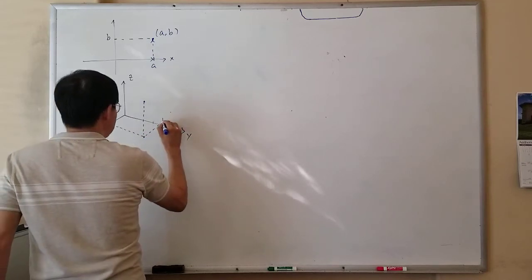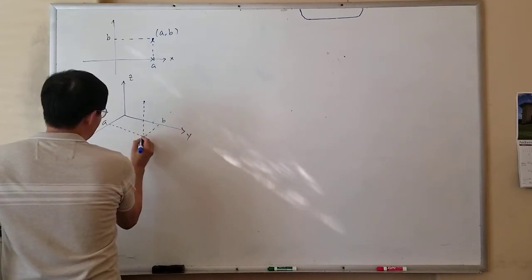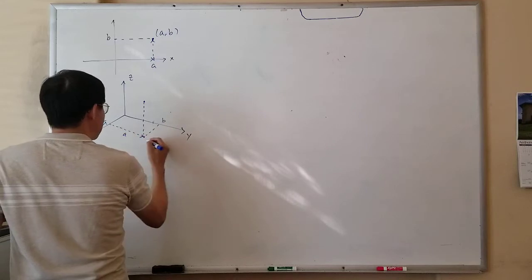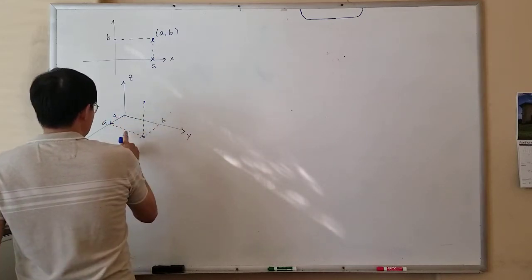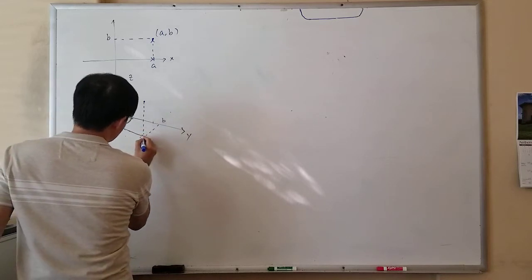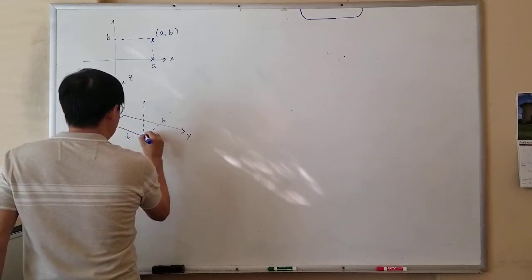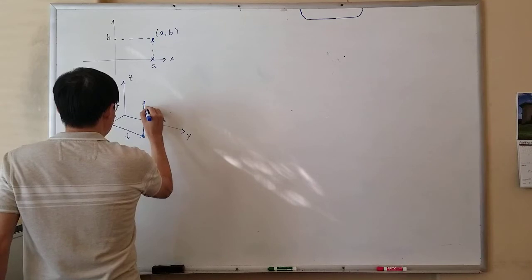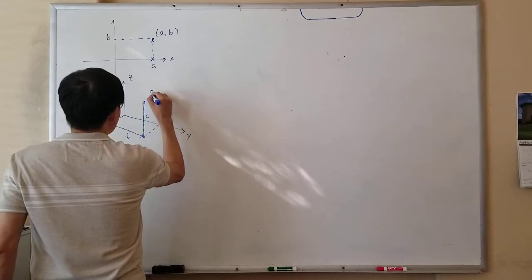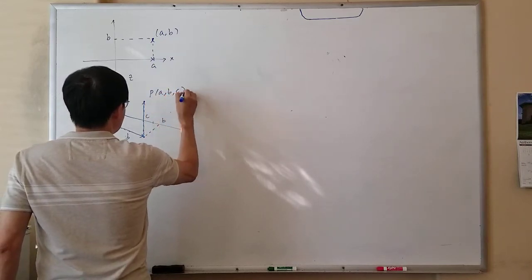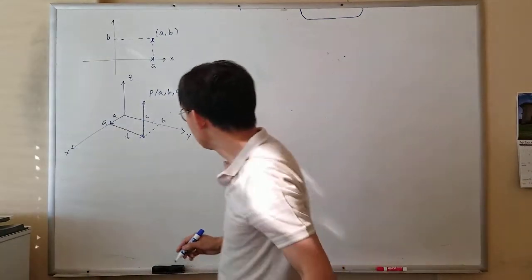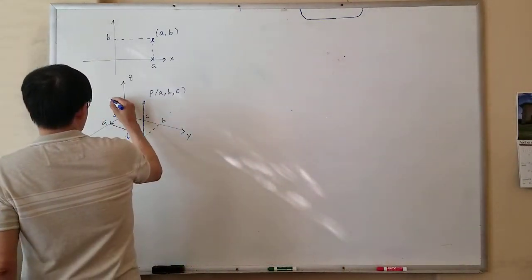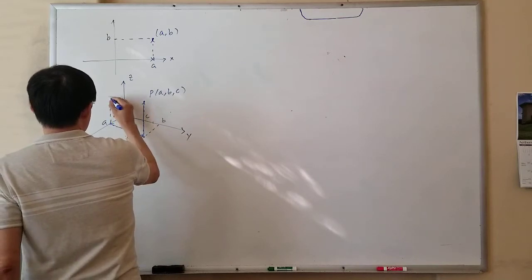This is (A, B). You go by A, then by B, and then you go up by C, and this is the point (A, B, C). And if you want, you can draw a rectangular box out of it.